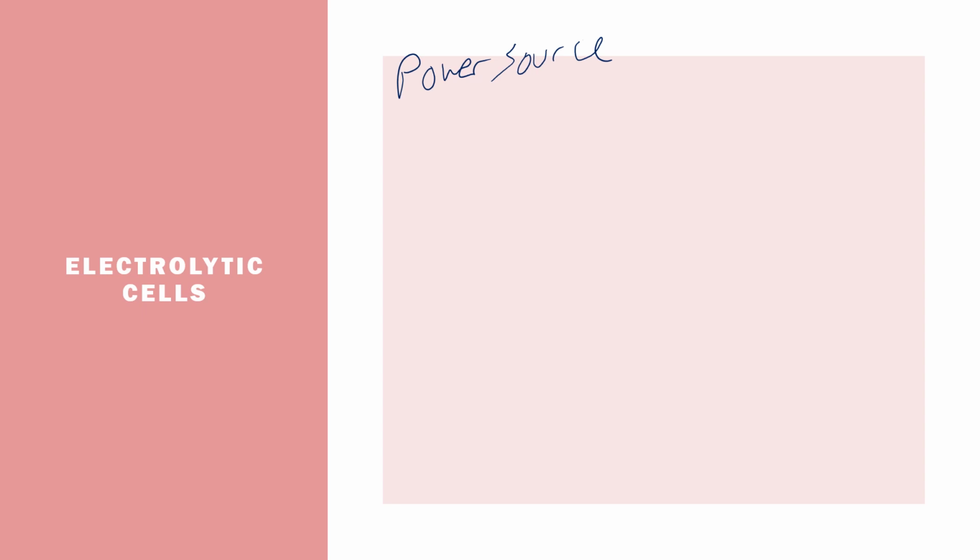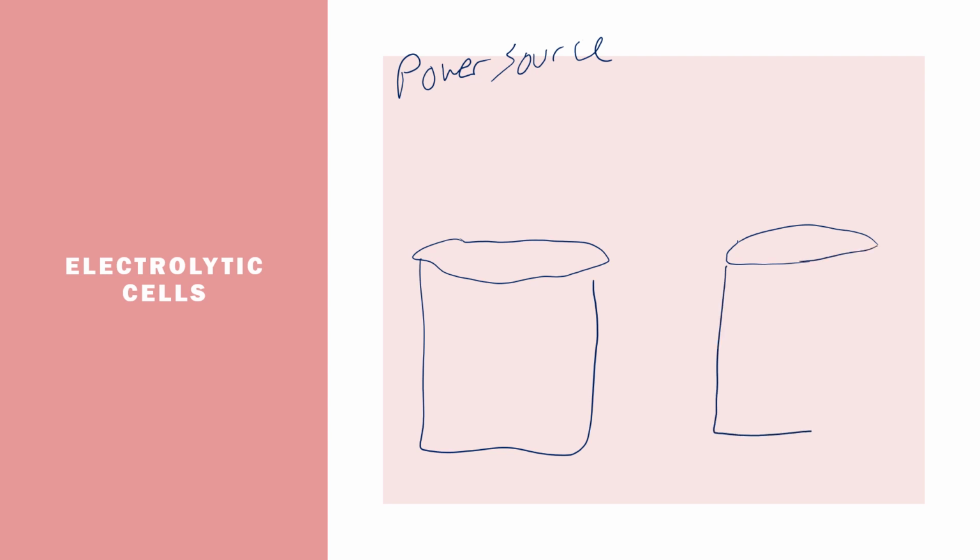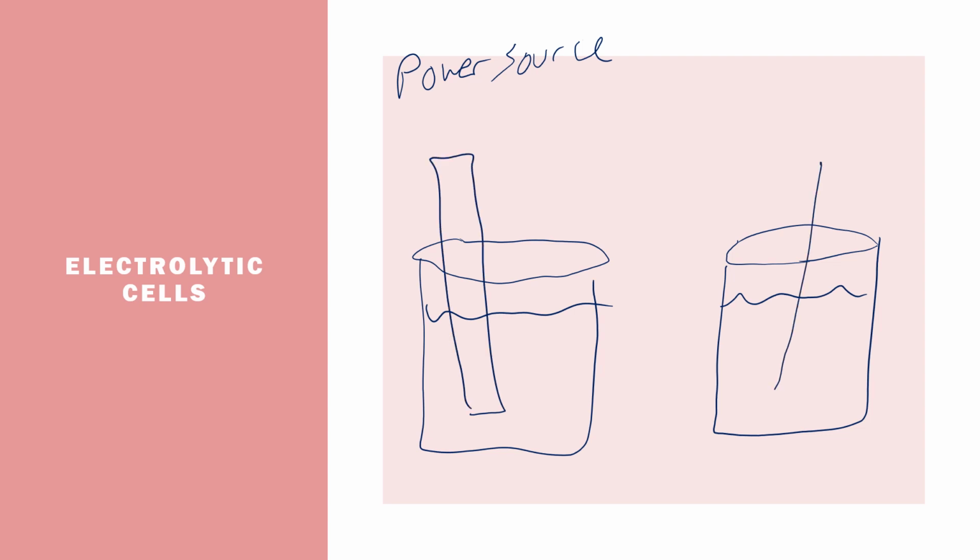Let's look at a typical kind of drawing of an electrolytic cell. I'm going to do my best. We would have 2 beakers. It's going to look very similar to a voltaic cell. So you have your metal electrodes submerged in a solution of their ions.